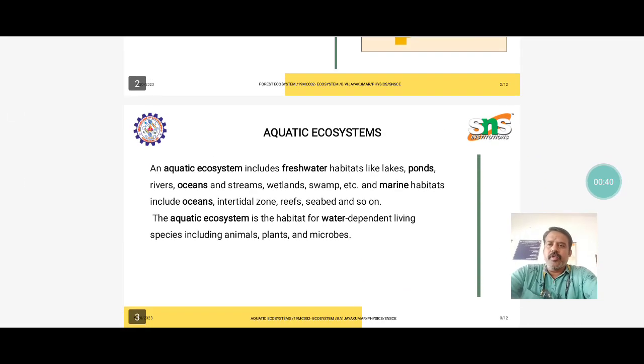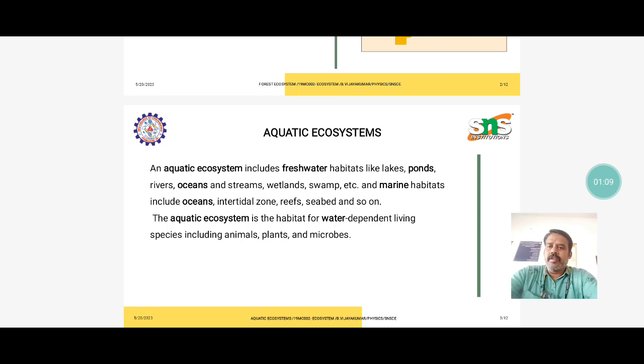The aquatic ecosystem includes freshwater. Freshwater is found in lakes, ponds, rivers, streams, wetlands, swamps, etc. And marine habitats include the ocean, tidal zones, reefs, seabed and so on.